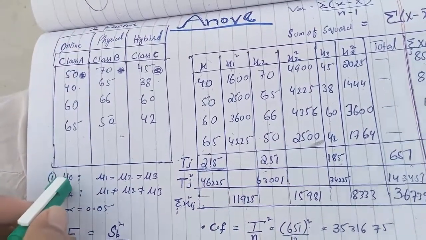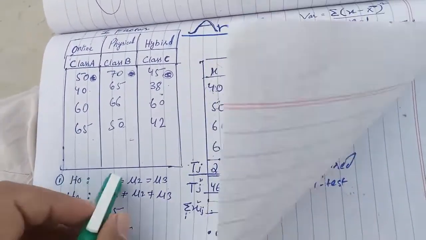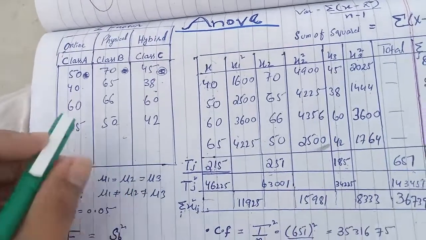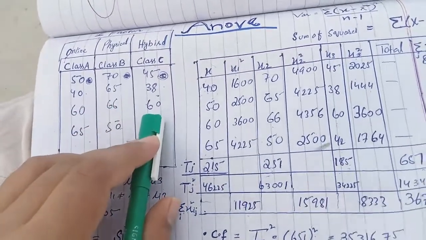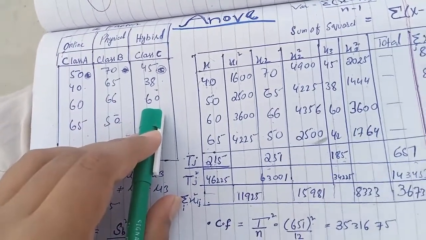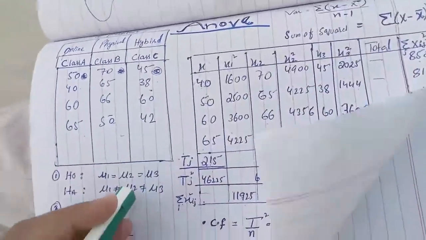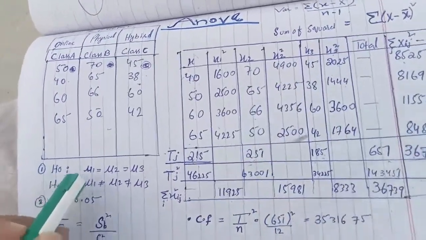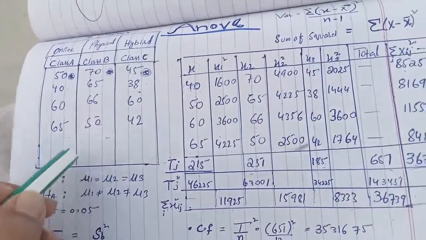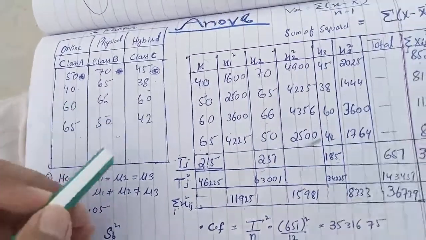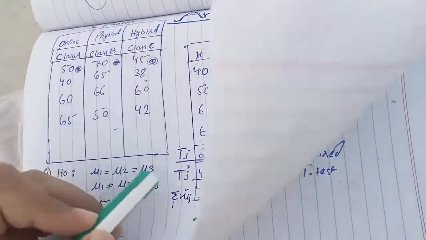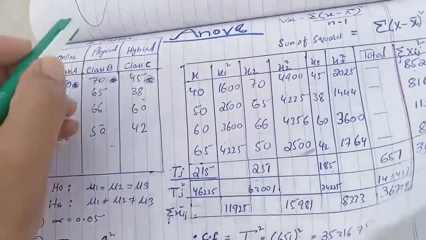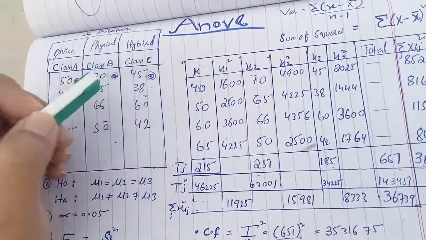Still the null hypothesis says there is no difference in the average marks of the students. Now the alternative hypothesis is saying there is a difference in the average marks of class A, class B, and class C when the model is applied.